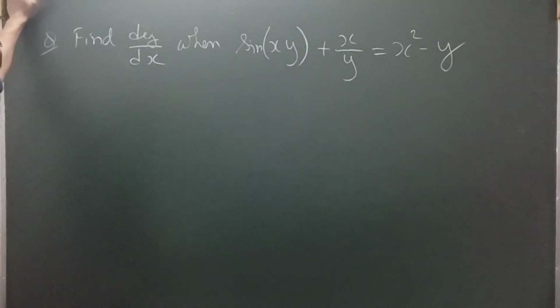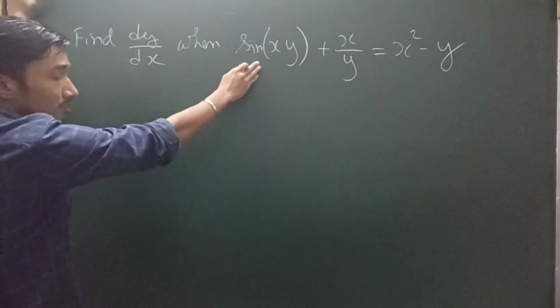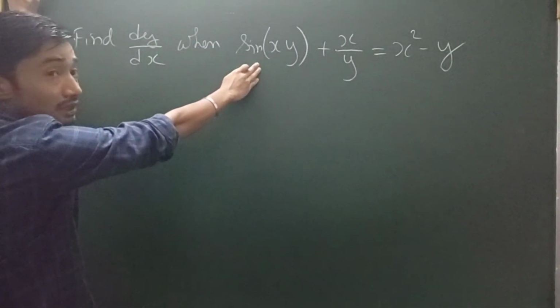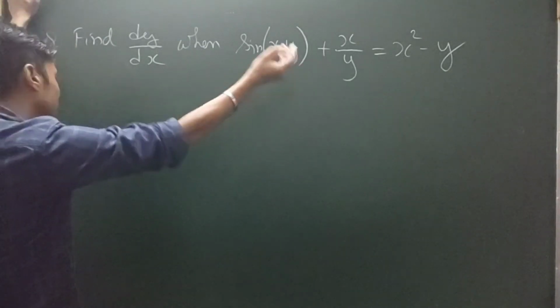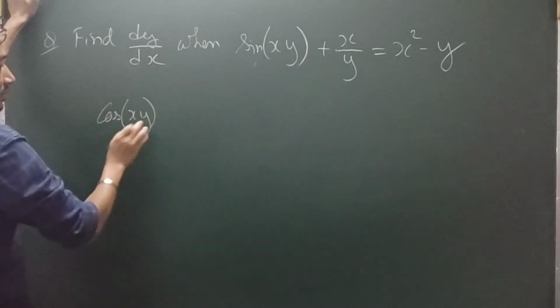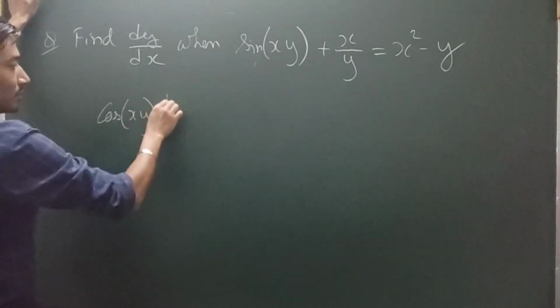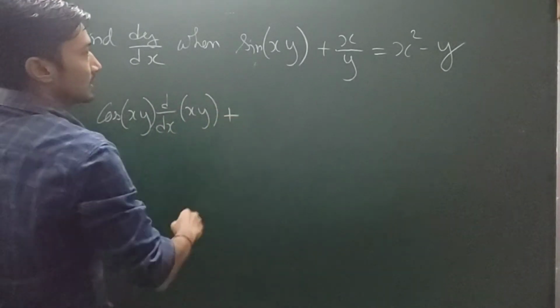So differentiating both sides with respect to x. So I'm going to start straight. Now this is the 5th, 6th video already. So what is the differentiation of sine theta? Differentiation of sine theta is cos theta. But we know this is not just theta, chain rule, so derivative of xy plus this one.